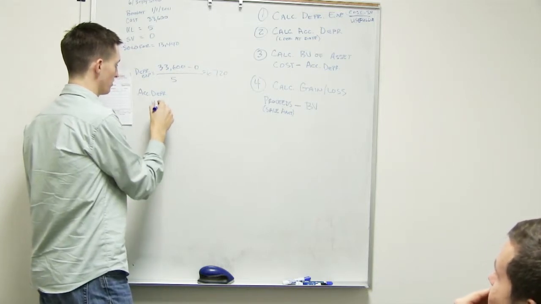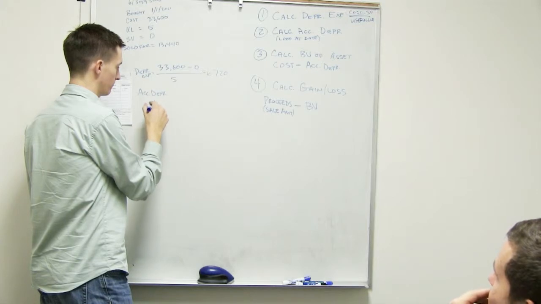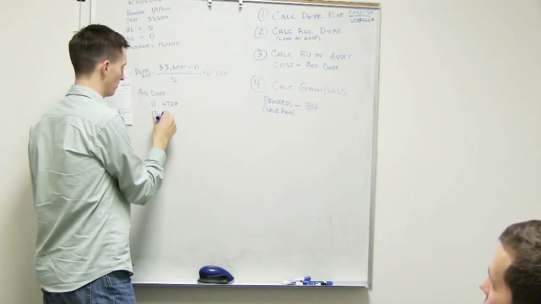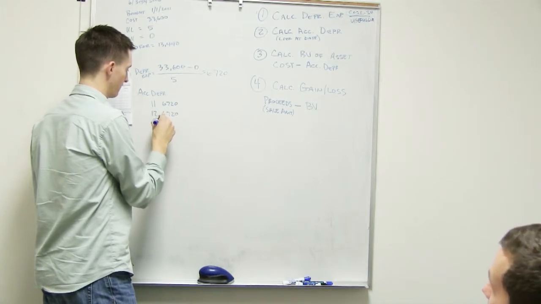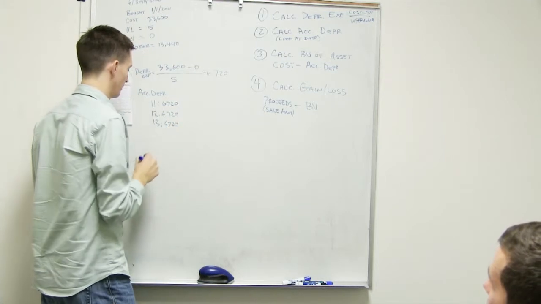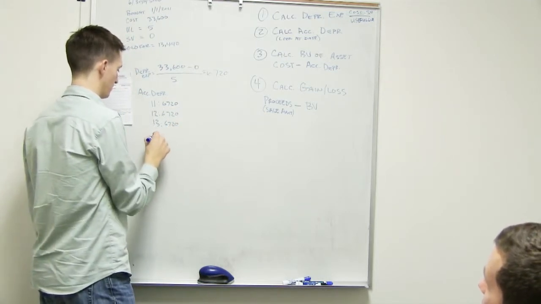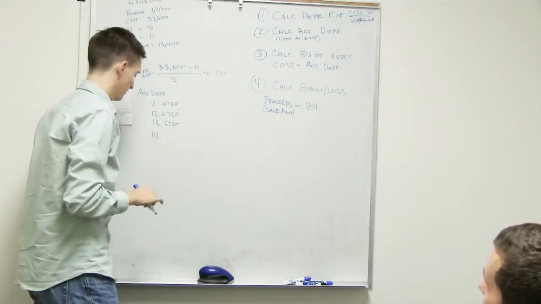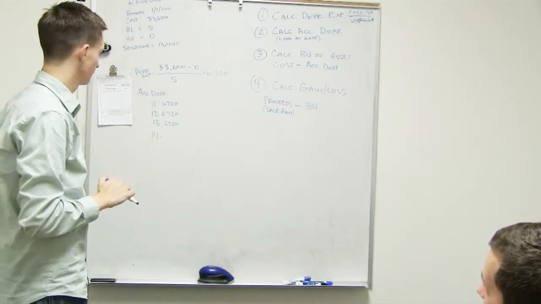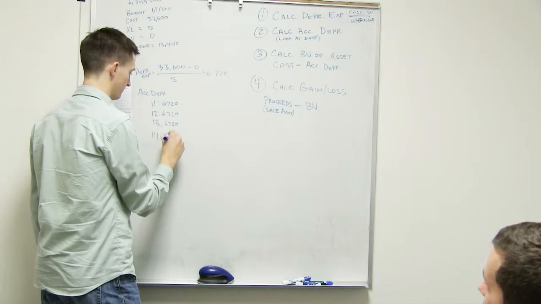Okay, how much in this year? How much was it? 6,720. Same thing for all three of them. And then 2014, knowing that it's only half of a year, would you do 6,720 times 0.5?